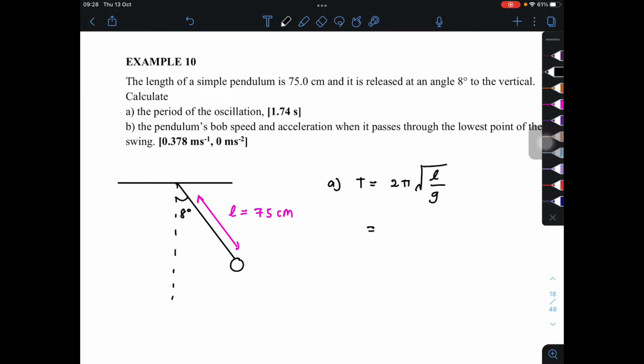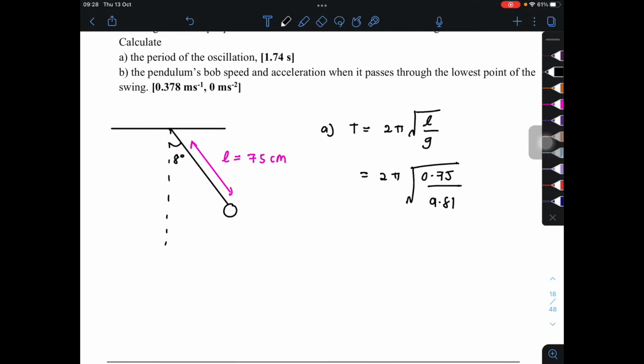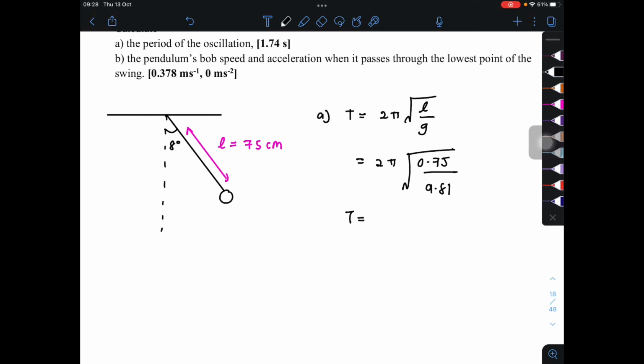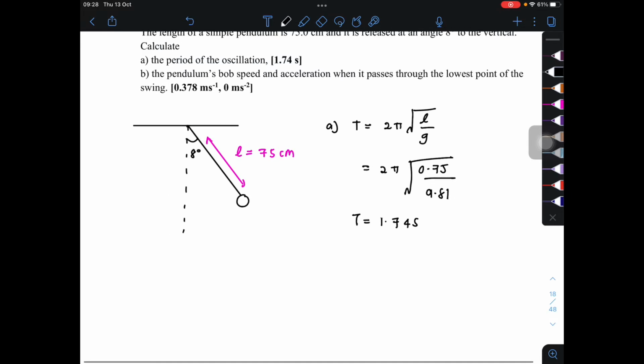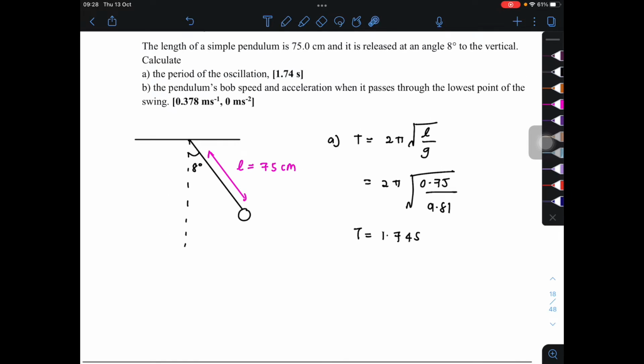So masukkan saja 2 pi, the length must be in SI unit, since kita punya g adalah dalam SI unit, 0.75 divided by g, 9.81. So we get the period is equal to 1.74 second.